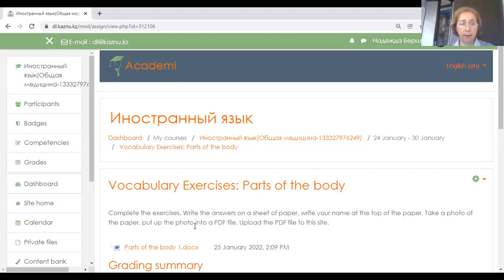The instructions say complete the exercises. So which exercises? The exercises are here. There is the Word document, which is called Parts of the Body. You download this document. You read everything which is shown on these pages. And there are several exercises.